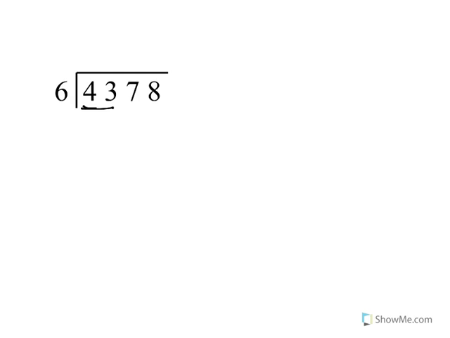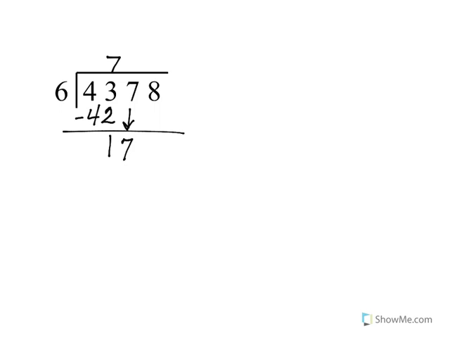Well, I know that 7 times 6 is 42. So I know that I can get 7 groups of 6 out of 43 because 7 times 6 is 42. Here I'm going to subtract 42 from 43. And I have 1. 1 is less than 6, so I'm good to bring my 7 down.